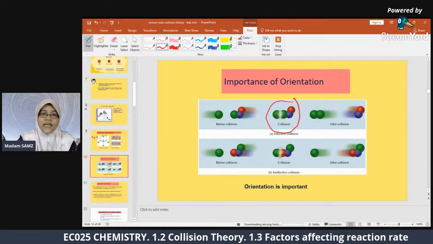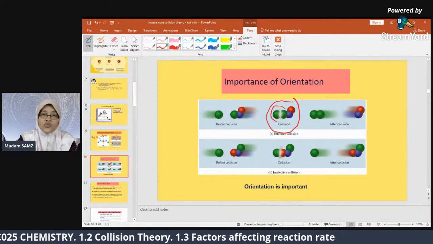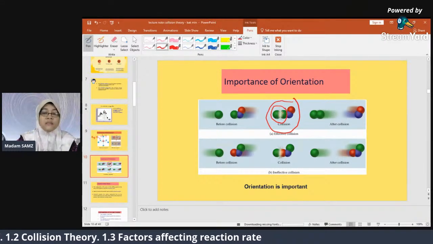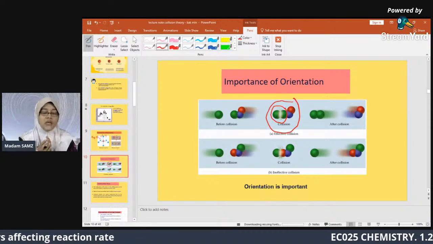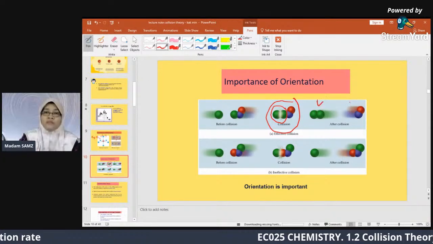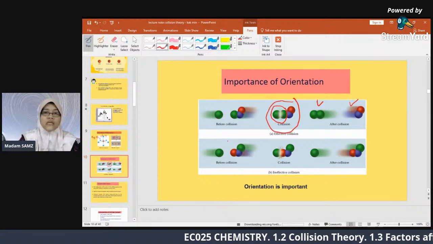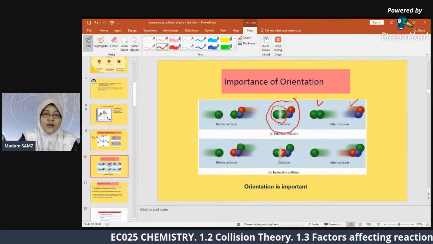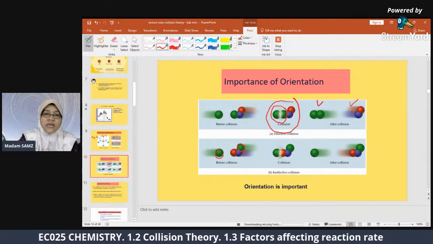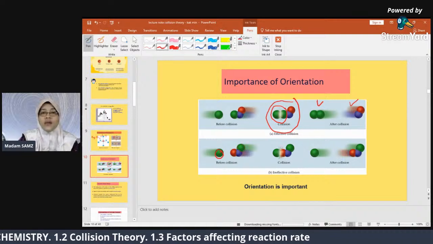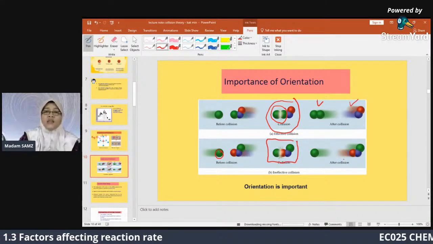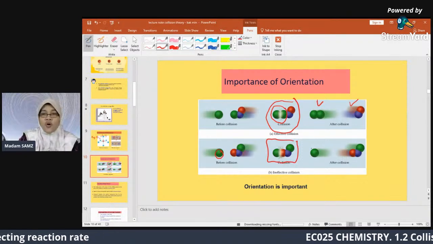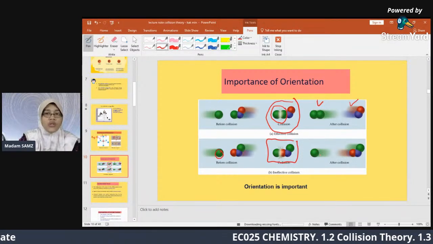During the collision, if these two atoms meet in correct orientations, this product will form. But if these two green balls don't meet, the product will never form, the two green balls as a molecule.